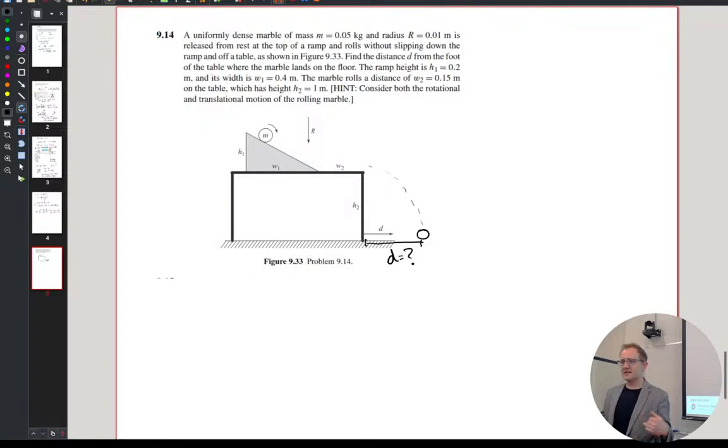How far is it going to go as it leaves the table? What are your first thoughts here? What are some things that will work or not work, or maybe there are questions about? What's your engineering process?